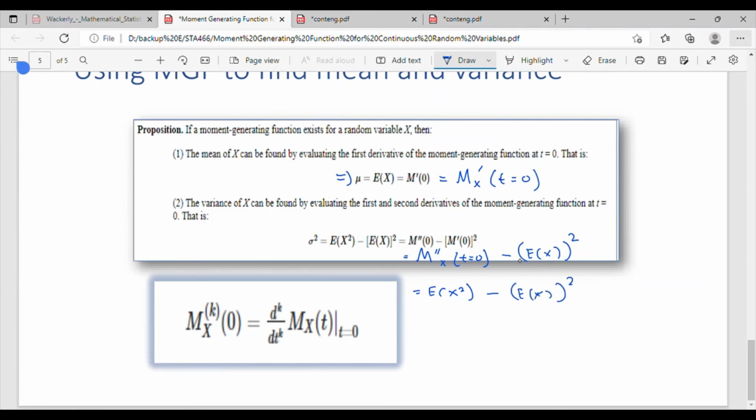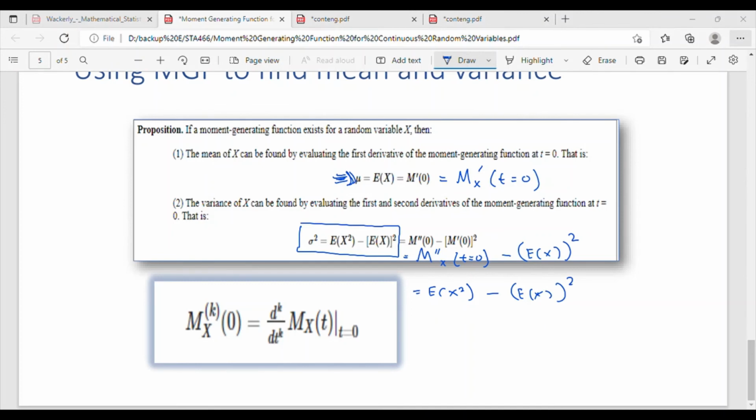So how to get the mean? This part. To get the variance, we use the familiar formula that we know already. So we can find the mean and the variance using the moment generating function as usual.